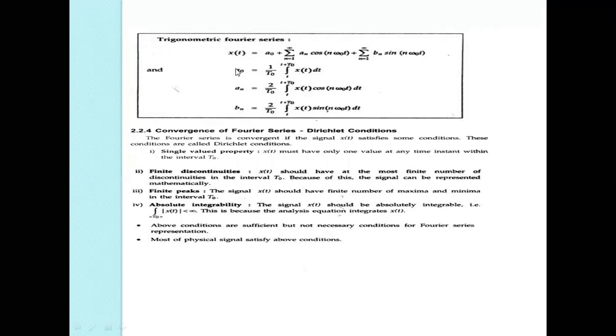So what is a naught? A naught means replacing n equal to 0. So cos 0, what is cos 0? It is 1. So a naught is the integral over t to t plus t naught of x of t times cos 0, which is 1, dt. Now here the factor is 2 by t naught, my dear students. Actually in this expression it is 1 by t naught, so you can use the 2 by t naught.